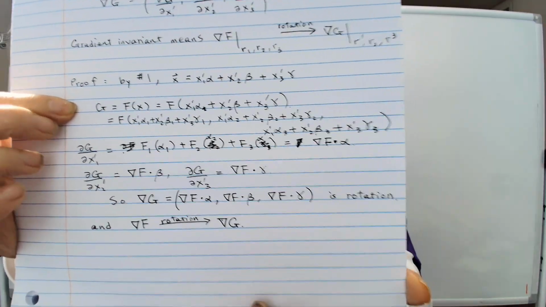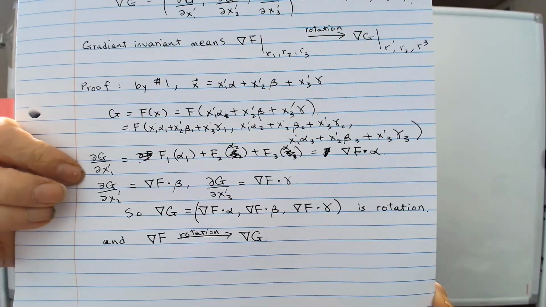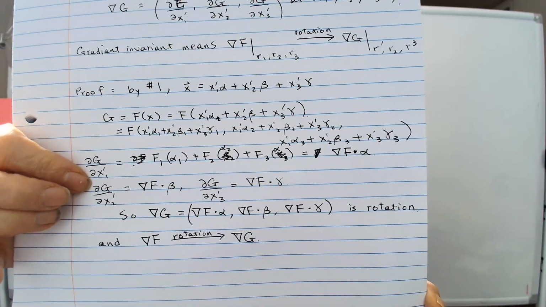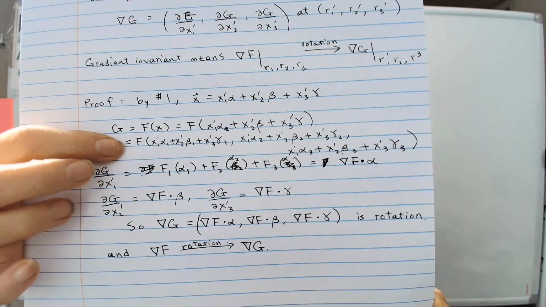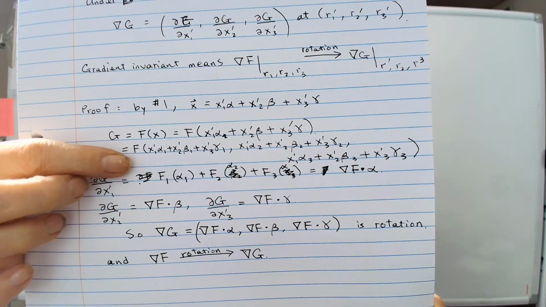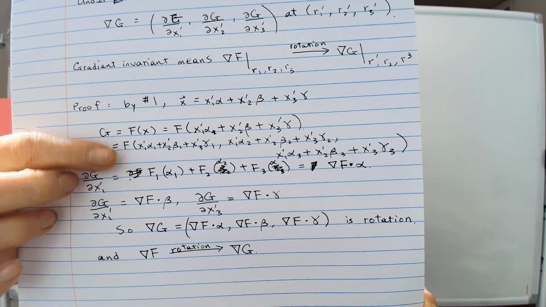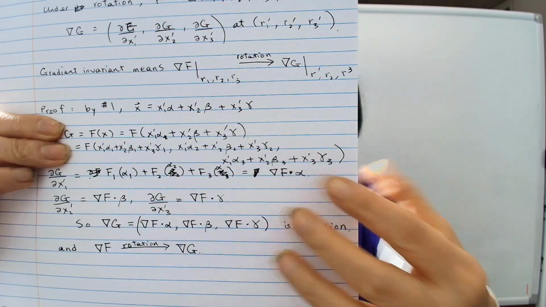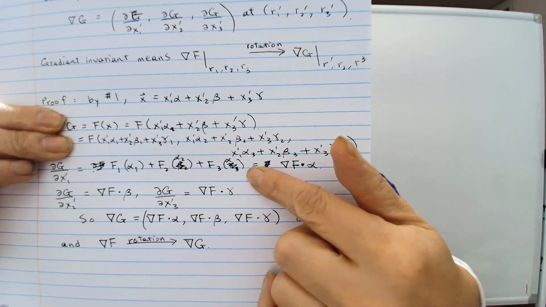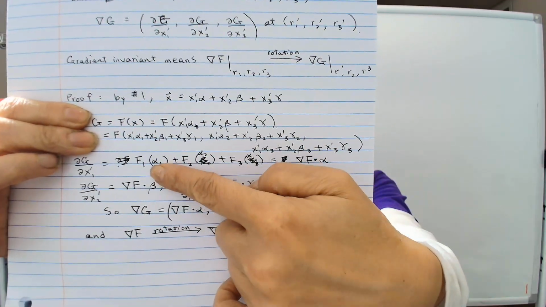Now, if that is the case, if we calculate the partial derivative of g with respect to x1 first, then after all this stuff, it will end up equal to f1 alpha 1, f2 alpha 2, and f3 alpha 3. This is just simple multiplication. I don't even know why I wrote parentheses here.